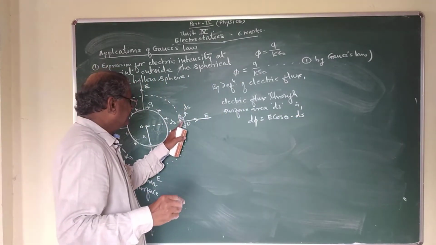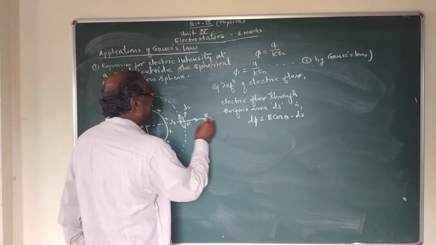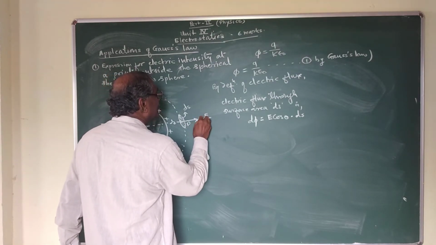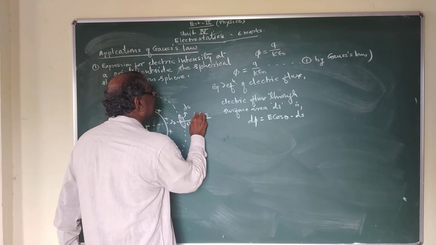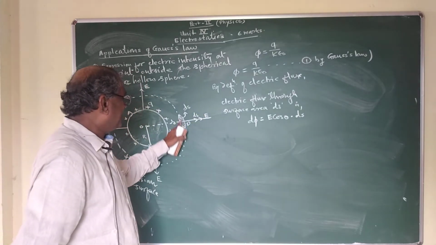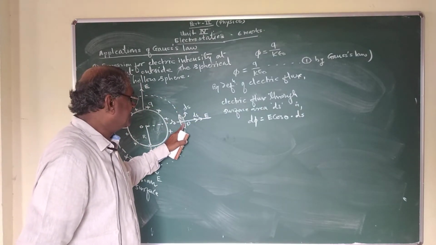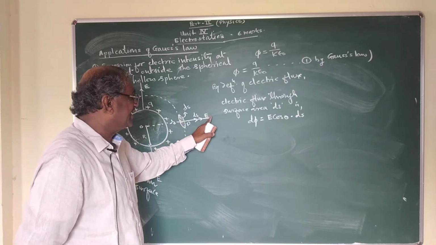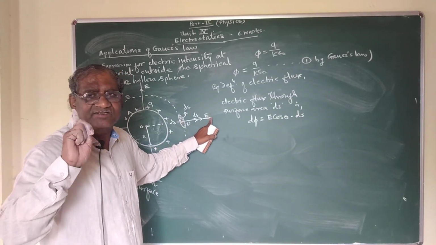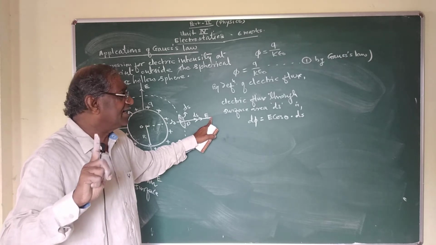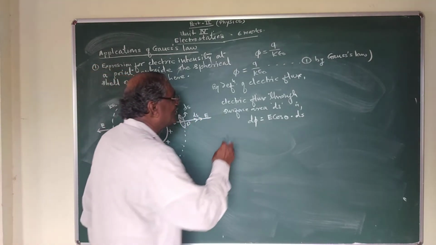But theta is equal to 0, because surface area ds is normal to the electric intensity E, which is most effective. So in this case theta is equal to 0.